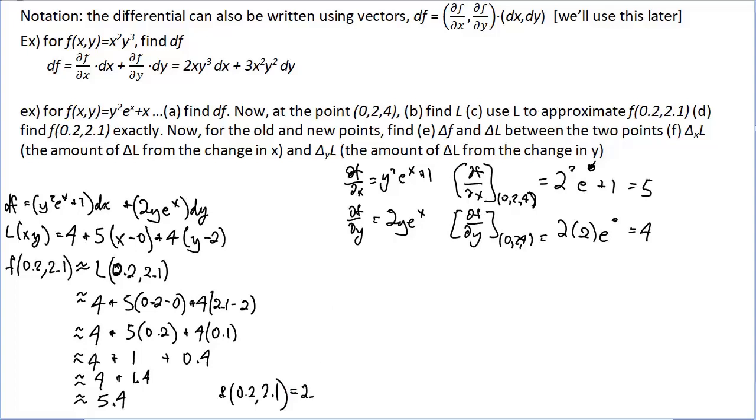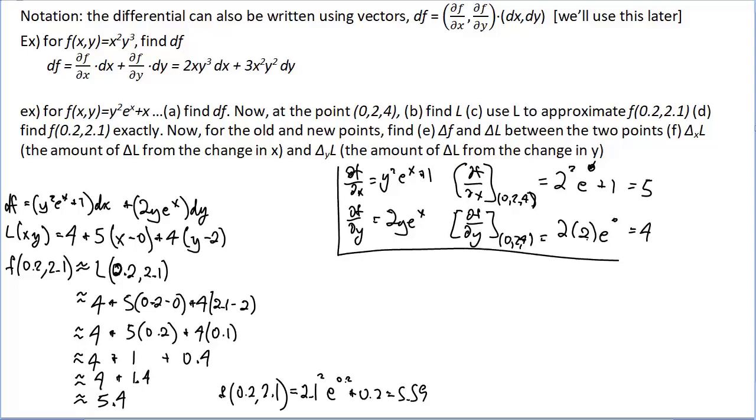So that is 2.1 squared times e to the 0.2 plus 0.2. And if you punch it into a calculator, you get about 5.59. So that was our approximation. 5.4, that was pretty good. Okay, that was side work.